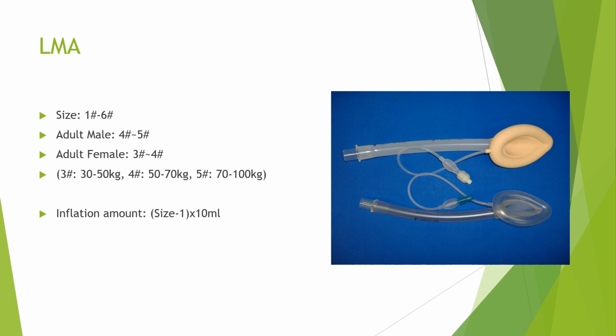Because it's just like a balloon, you should inflate some air inside the laryngeal mask to make it obstruct the esophagus. The inflation amount is the size minus 1, multiplied by 10 cc. So if it's number 4, we should inflate about 30 cc for proper insertion of the laryngeal mask.